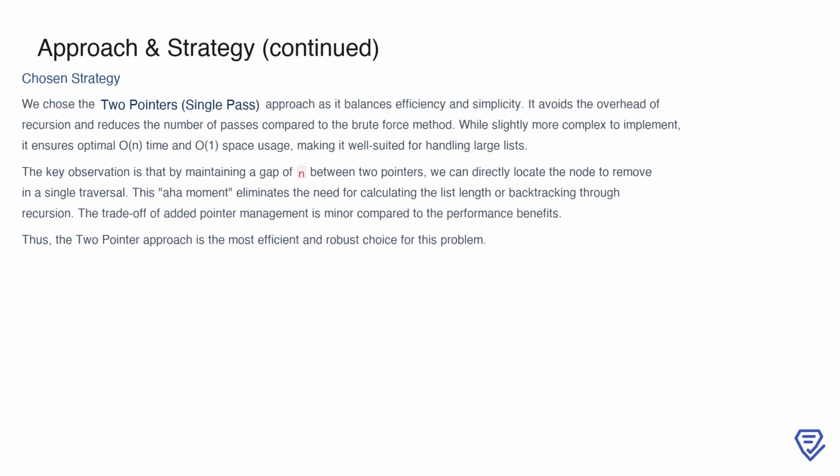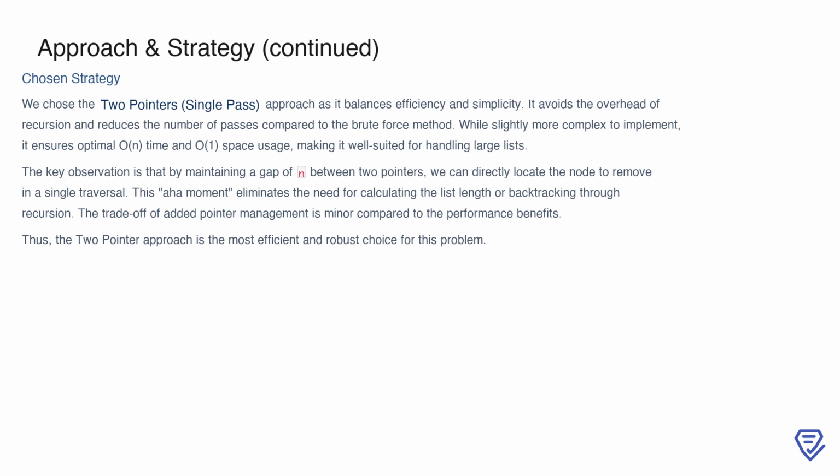Given the trade-offs of the different approaches, the two-pointer technique emerges as the most balanced strategy for this problem. It combines efficiency with simplicity, avoiding the overhead of recursion and reducing the number of passes needed compared to the brute force method. The crux of this method lies in the observation that maintaining an n-step gap between two pointers allows us to directly identify the target node in a single traversal.